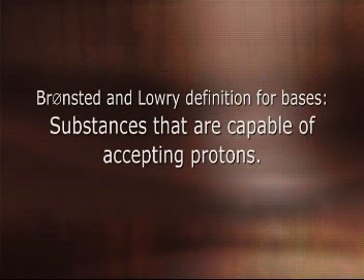Bronsted and Lowry define bases as substances that are capable of accepting protons. In other words, they define bases as proton acceptors. As a result, this concept defines an acid-base reaction as the transfer of a proton from an acid to a base.